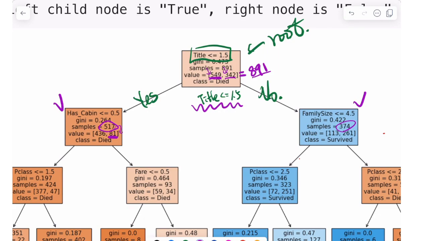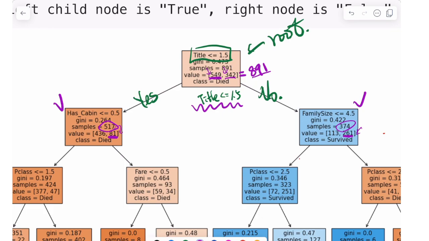At the right hand side, 261 out of 374 survived.